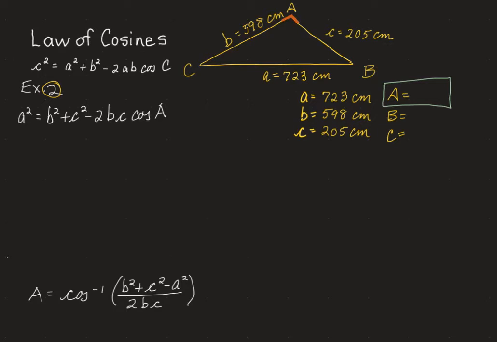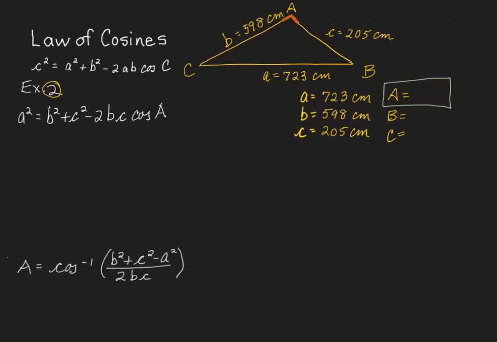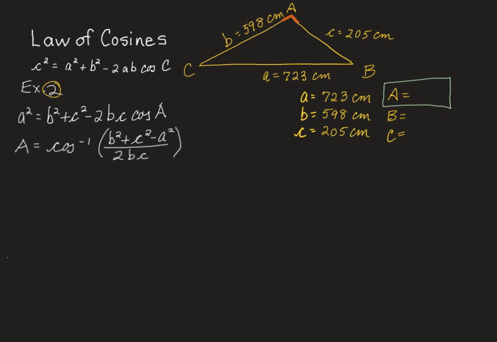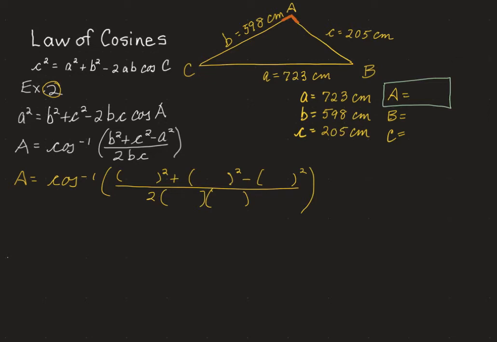So let's move this up to where it's more convenient, and we will substitute our current values into this. We are looking for angle A. So let's fill it in. We want the inverse cosine of, let's see, B is 598 squared plus C is 205 squared minus A, which is 723 squared.